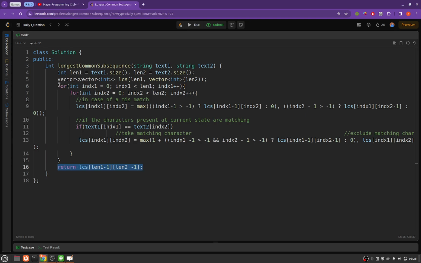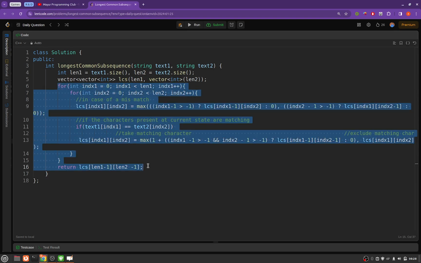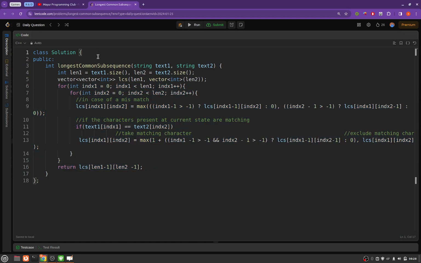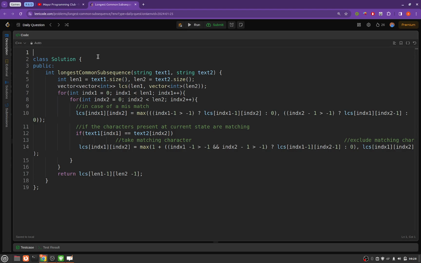So this is how we will be solving this particular problem. If you ask what the time and space complexities will be, for the time complexity, let me write it, it will be order of len 1 cross len 2, since we are having two nested loops.